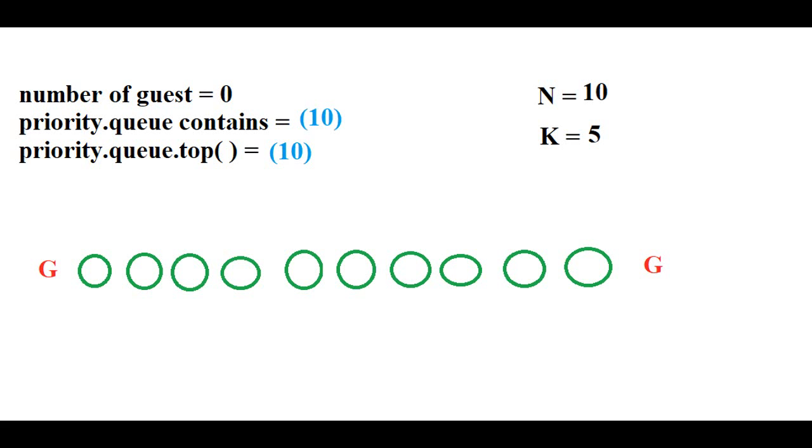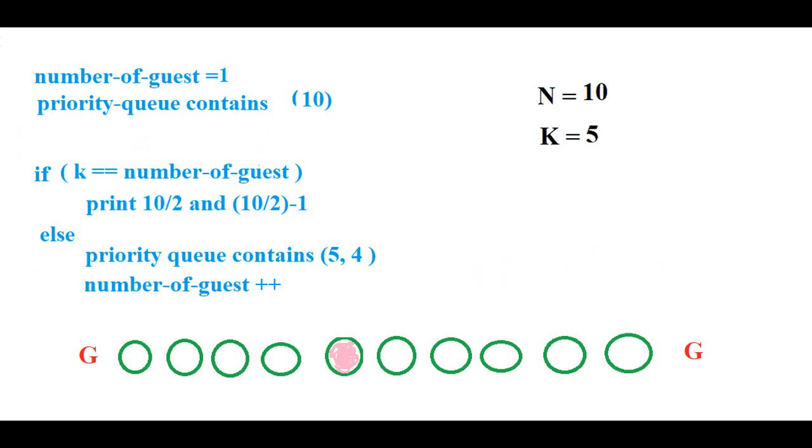Now, one guest has arrived in the bathroom. He will choose the fifth stall, and if K was 1, the answer would be 5 and 4. So we retrieve 10 from the priority queue by doing a simple priority queue dot pop, and we push the values 5 and 4 by doing a priority queue dot push.